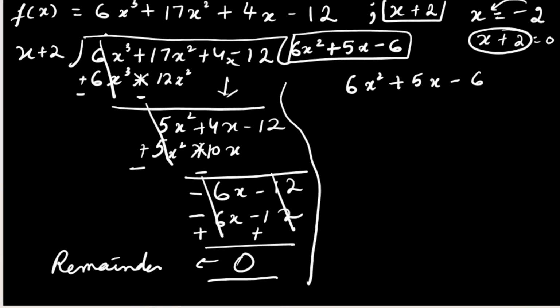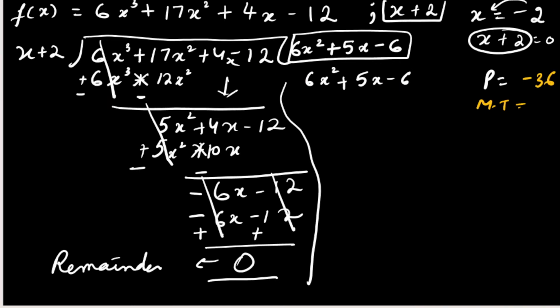So this is 6x square plus 5x minus 6. The product of first and last is what? 6 into minus 6 is minus 36, and the middle term is 5. First term is 6, last term is minus 6.